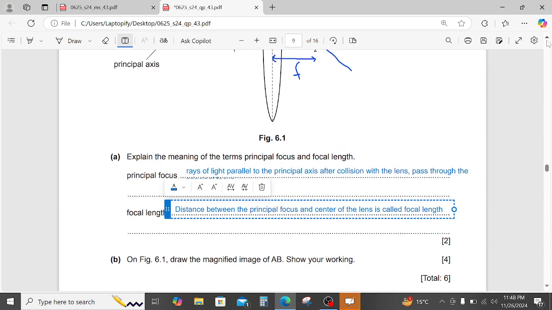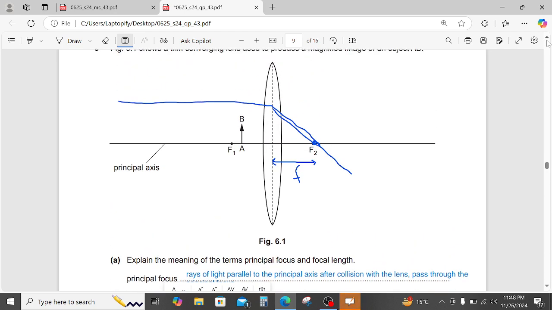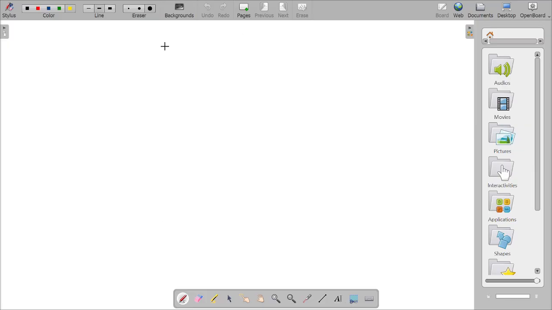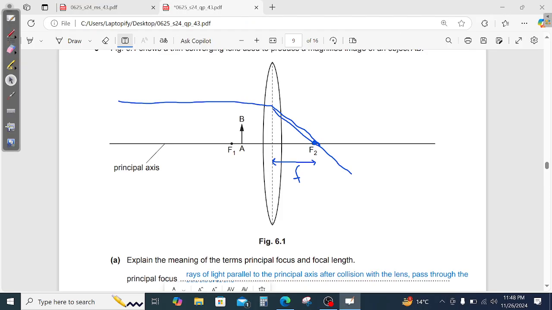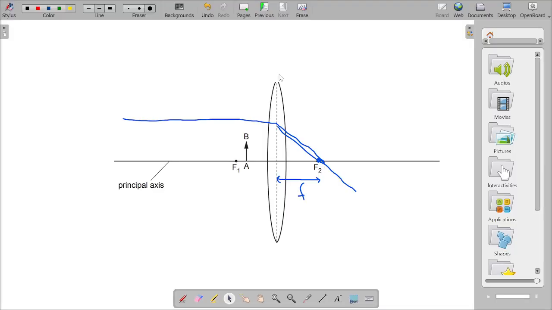I will upload one more lecture in which I will explore all the possible images that can be formed by changing the position of the object. Okay, this is our whiteboard.